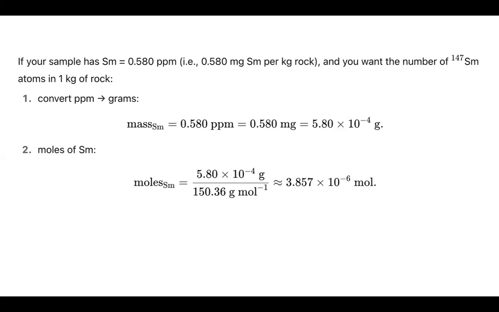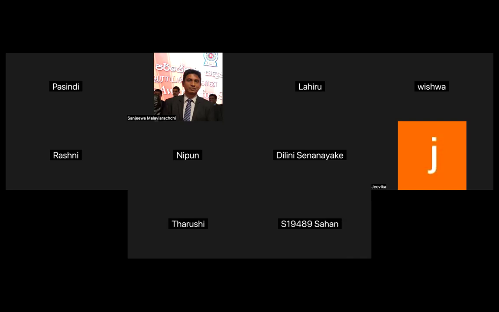Because when it comes to very low concentration, the atomic or the ion counting in the machine might not give you the precise data, but the ppm values will be given very precisely. So therefore you might need to cross check. Anyway, all these things are beyond your content. So at this level, we are considering everything is perfect, right? So this is another situation that you have to know.